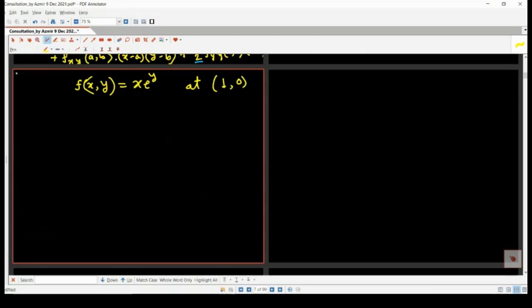So the question is, we have to find L and Q of f of x comma y equals x e power y at point 1 comma 0. So this is our function, and here we have a point.